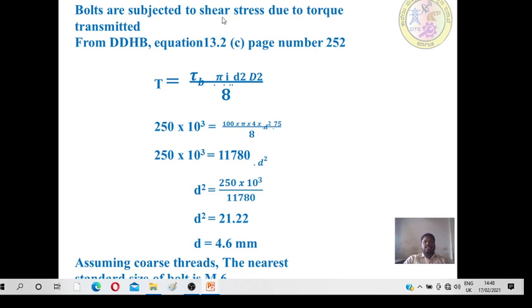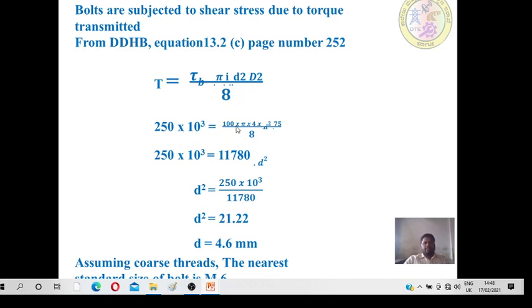Now bolts are subjected to shear stress due to the torque transmitted. Therefore, from the design data handbook, equation 13.2c, page number 252, we have this equation: T equal to tau b into pi into I into d square into D2 divided by 8.